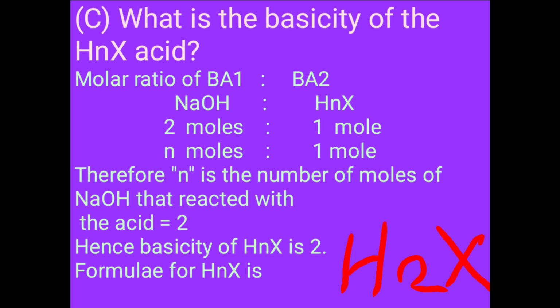How have you got the 2? The 2 is got from the molar ratio between the sodium hydroxide and the acid. And that molar ratio was provided to us. We don't need to find it. I think that one is clear. We have just substituted the N with the 2.